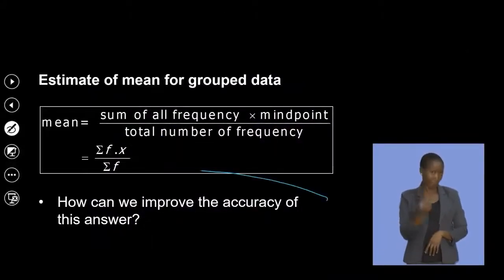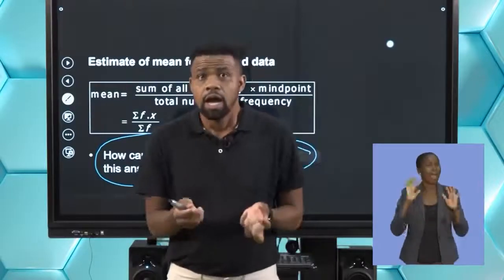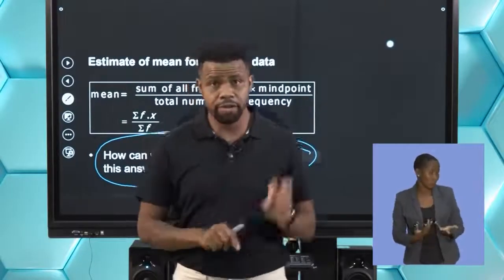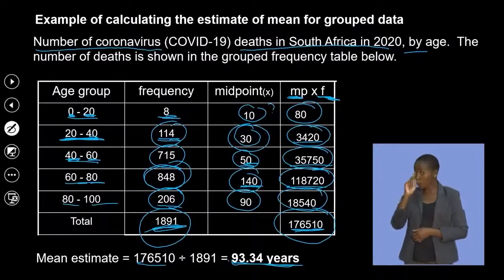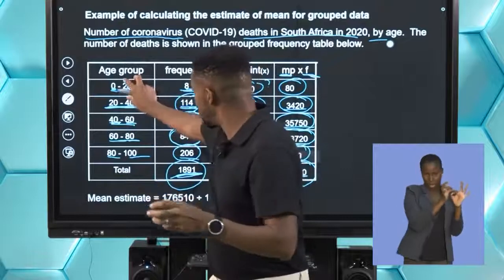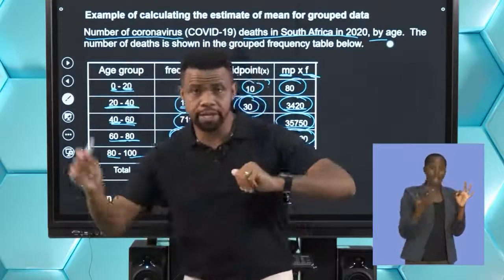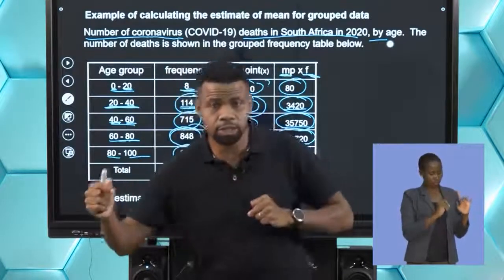How can we improve the accuracy of this answer? The best way we can improve the accuracy of the answer, what I think, is if you look at the groups, you have 0 to 20, so we can make the groups smaller. Look at age groups 0 to 10 maybe, 10 to 20, 20 to 30, 30 to 40, and so on.